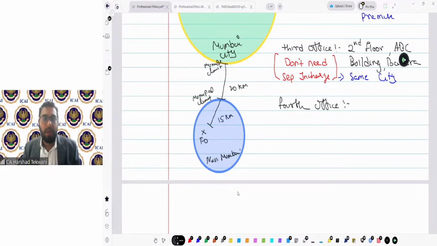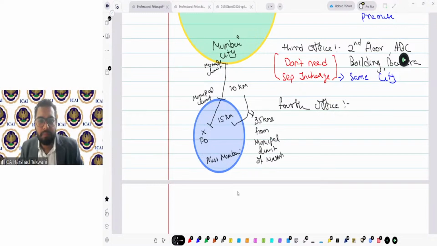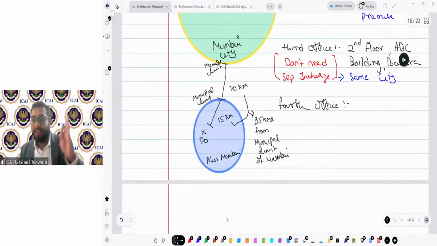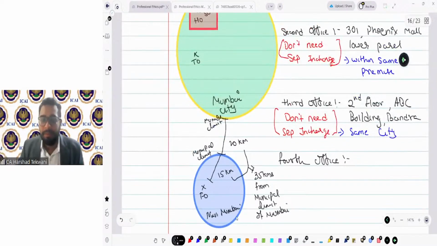Then the total of both is 35 kilometers from the municipal limit of Mumbai. In that case, this is again within the criteria of 50 kilometers.